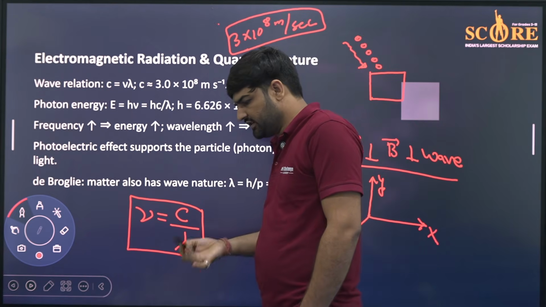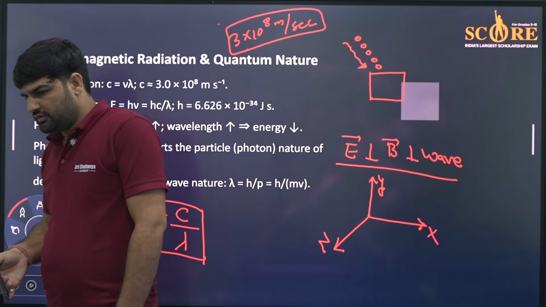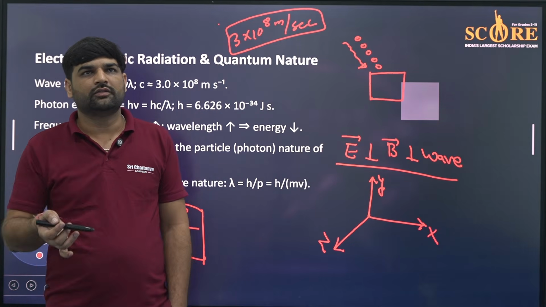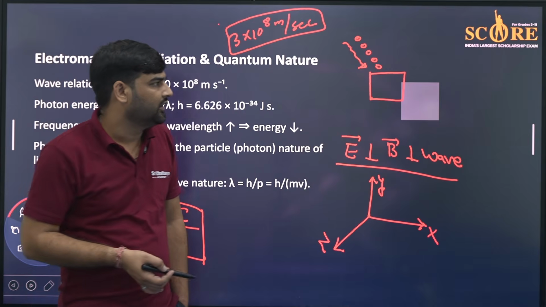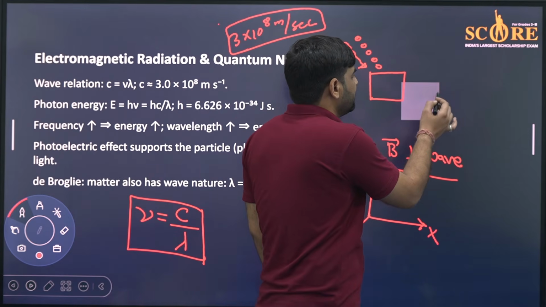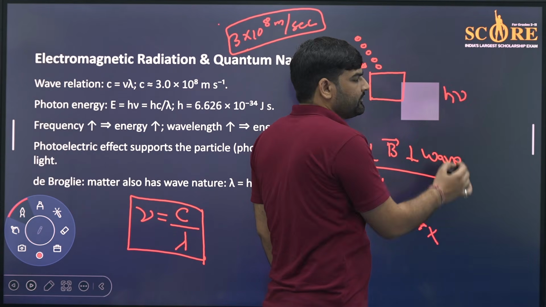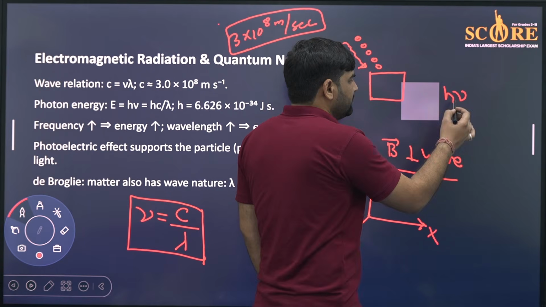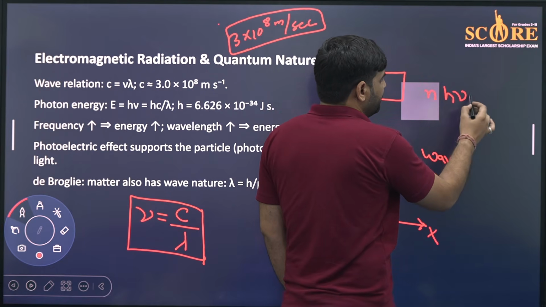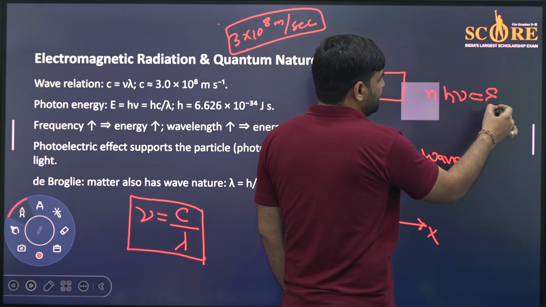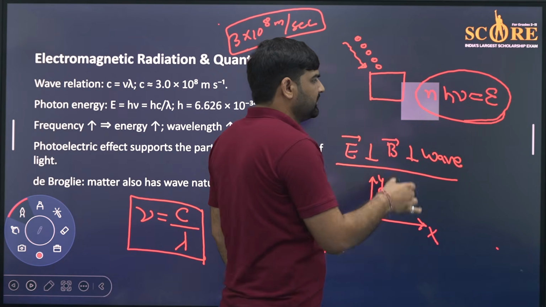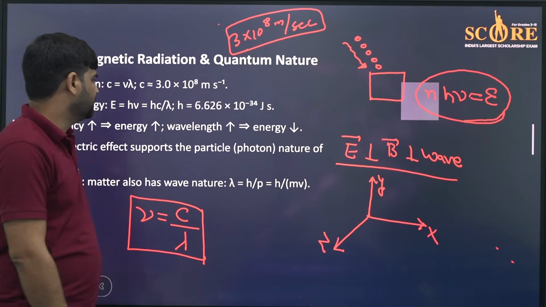These smallest packets have a certain amount of energy, and if energy of one packet is h nu, then energy of n photons will be n h nu. This is total energy E equals n h nu.